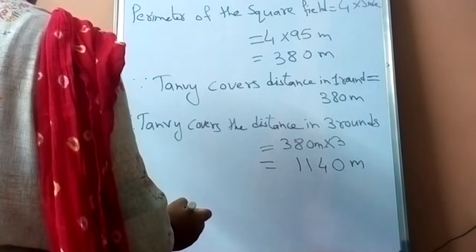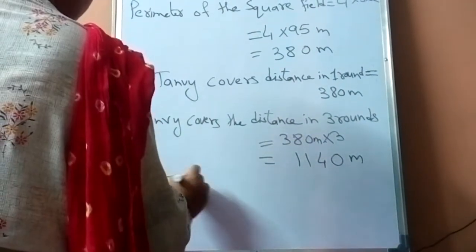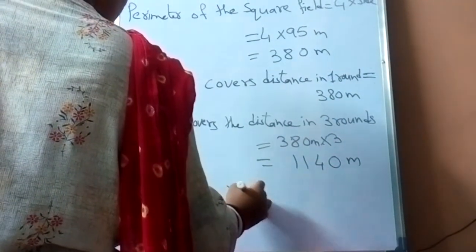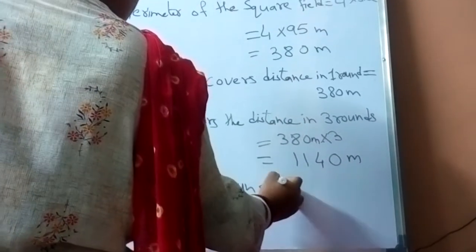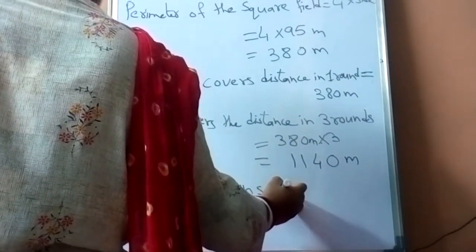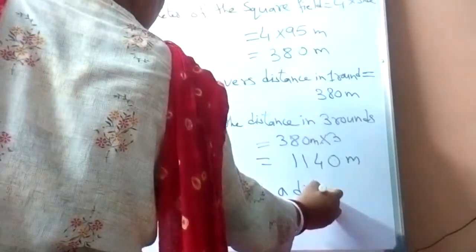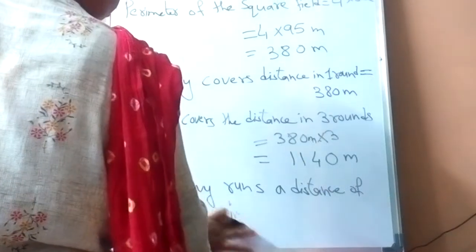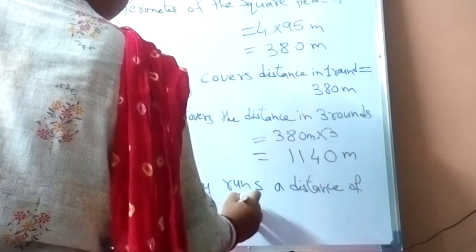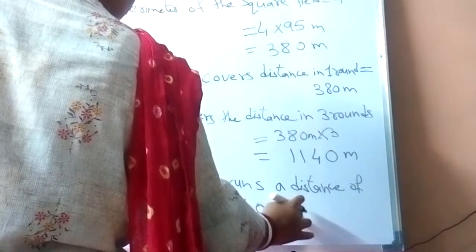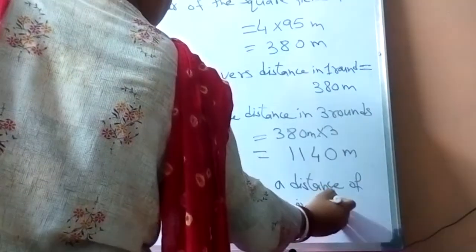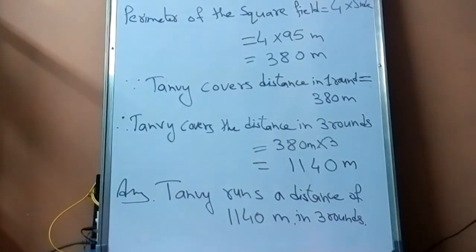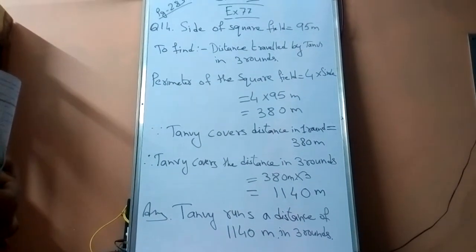So the answer will be: Tanvi runs a distance of 1140 meter in 3 rounds.